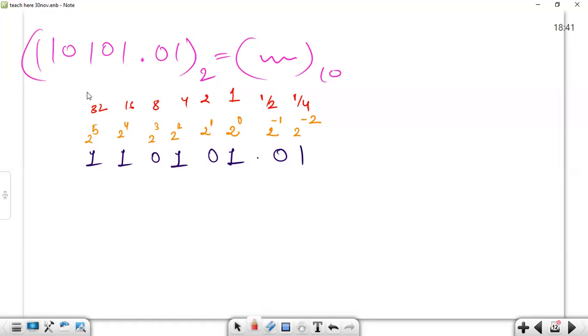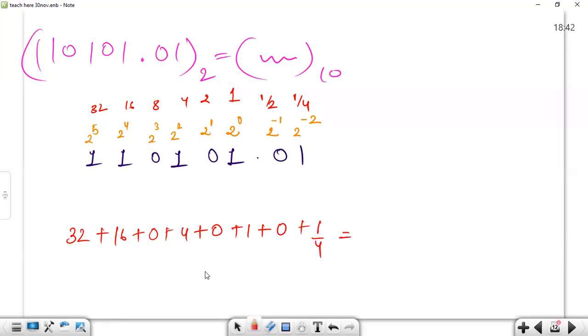Okay. So multiplying 32 into 1, 16 into 1, 8 into 0 becomes 0, 4 into 1 becomes 4, 2 into 0 becomes 0, 1 into 1 becomes 1, and 1 by 2 into 0 becomes 0, and 1 by 4 into 1 becomes 1 by 4.